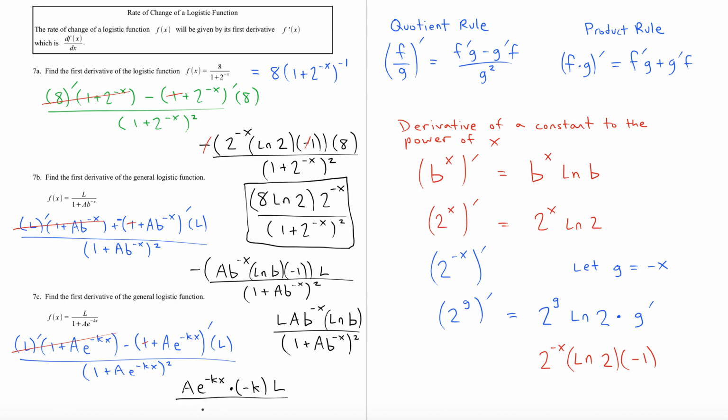Okay. And then we'll divide by 1 plus AE to the negative kx squared. Oh, there's a negative out front too. And we could just cancel these negatives.